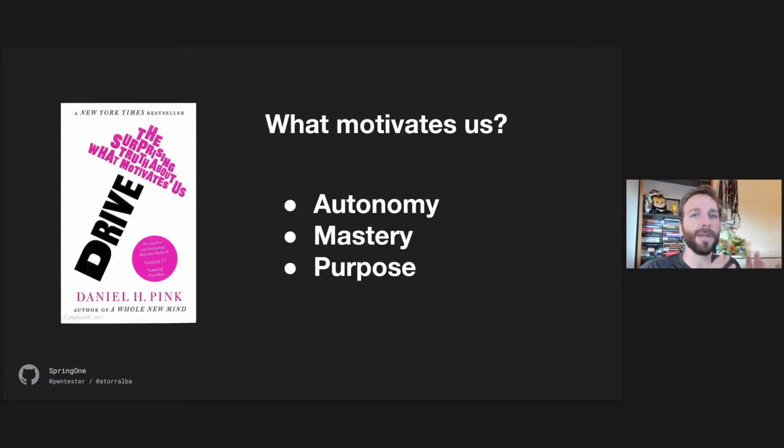The first one is autonomy, which means being free to do your stuff, like being in control. Then mastery, which is about the process of learning something new, enjoying knowing more about a given subject and becoming better at something. And then we have purpose, which is basically knowing why you do what you are doing.